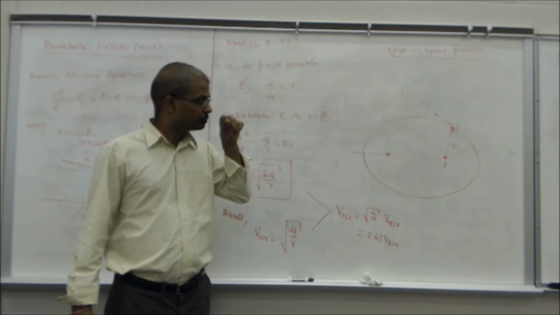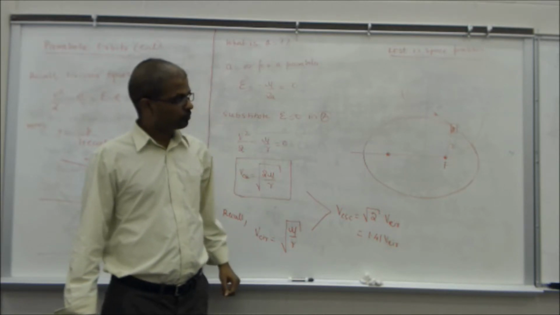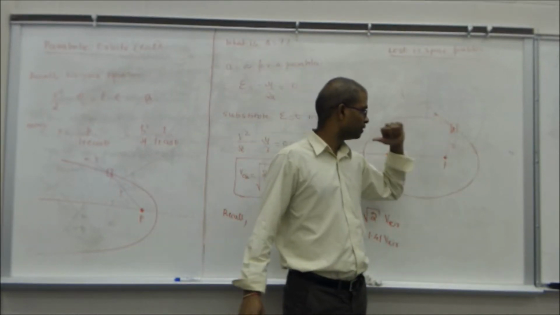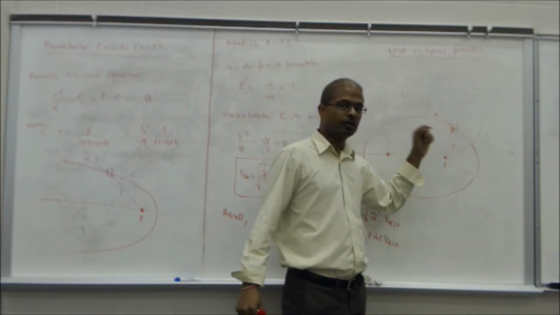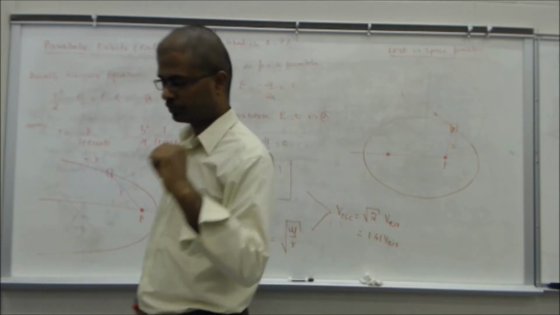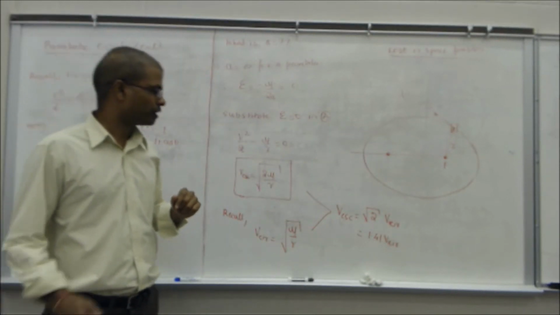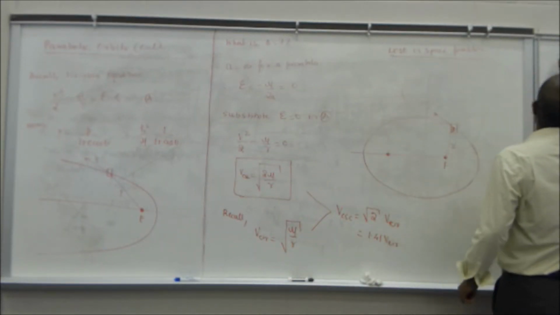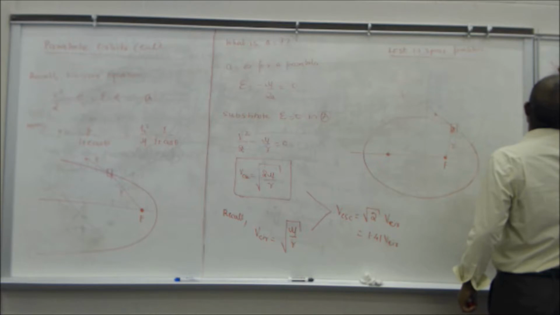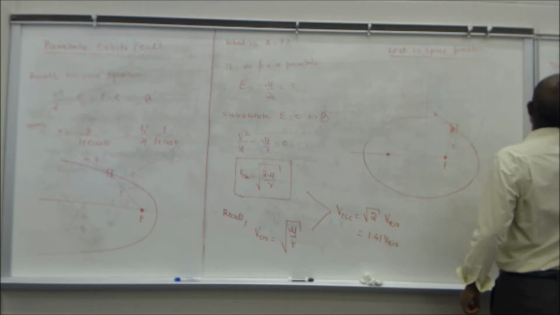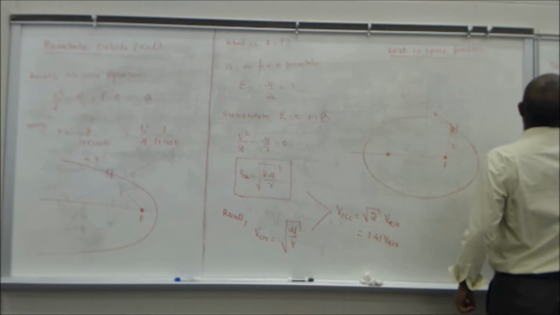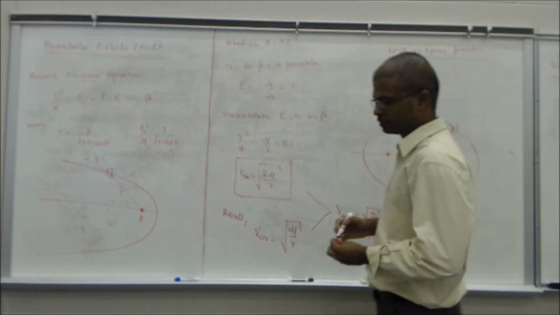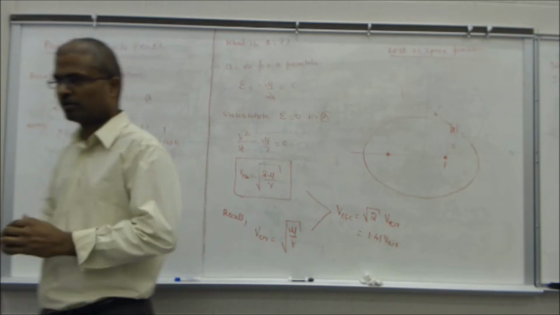Now, when are the velocity and the position vector in the same direction? If I say V has a k component and R has a k component, and ask you to tell me what kind of orbit it is, what are you going to tell me?